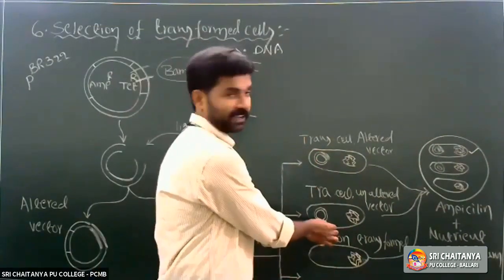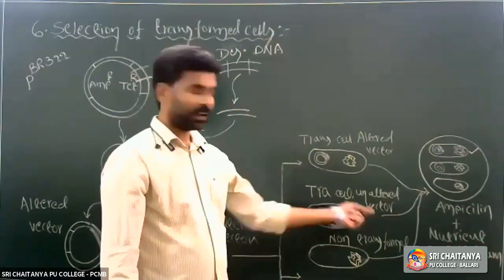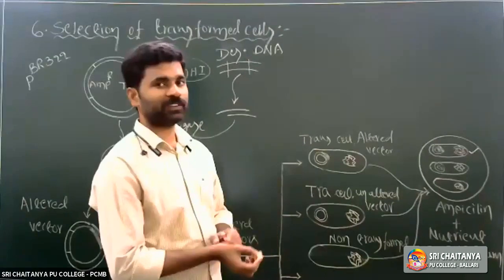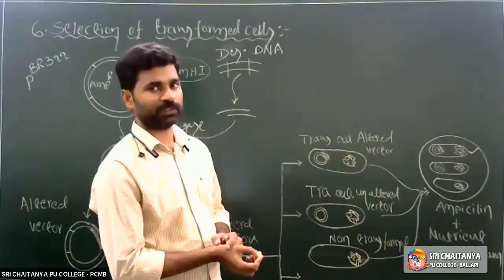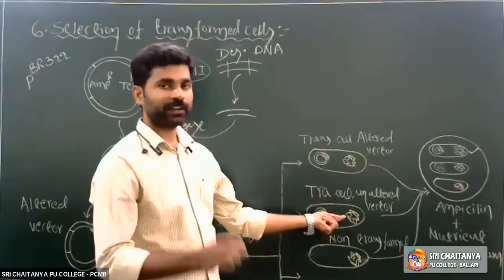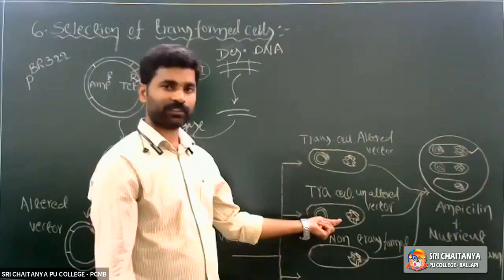Come to the second cell again. That second cell has an unaltered vector. Unaltered vector means it has both ampicillin and tetracycline resistant capacity. So this transformed cell is resistant to both antibiotics, ampicillin and tetracycline.